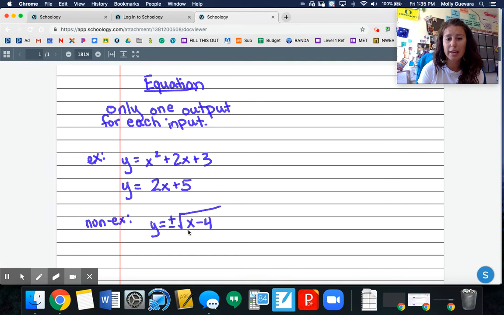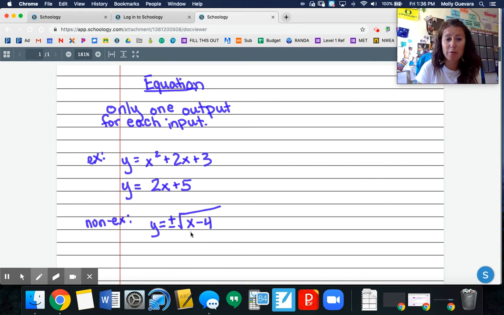If I plug in, let's say I plug in 5. 5 minus 4 is 1, right? And then the square root of 1 is 1. But then I have this plus or minus here. So that means if I plug in 5, I can get out either a positive 1 because of the plus or a negative 1 because of the minus. And so what this does is it gives me two answers. If I plug in 5, I can either get out 1 or -1.